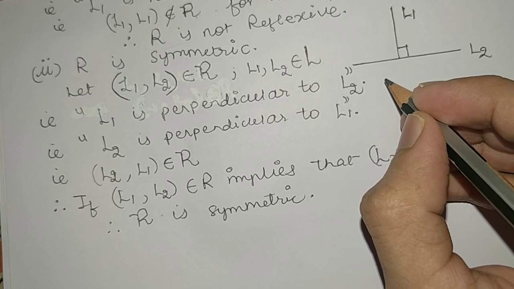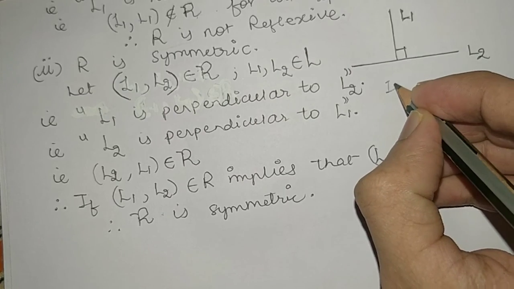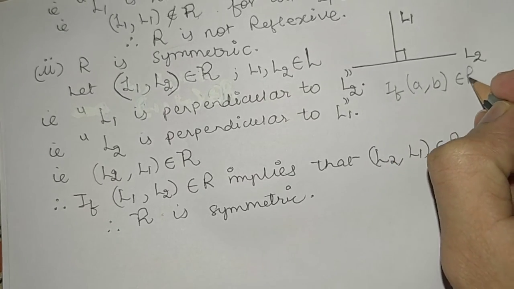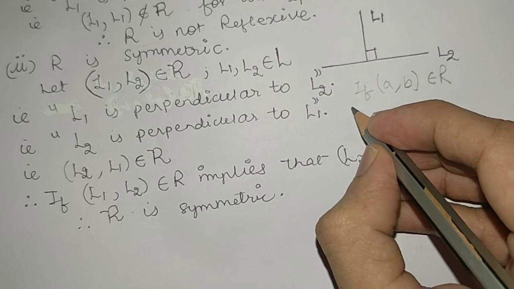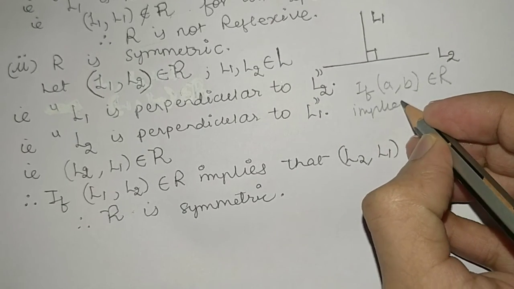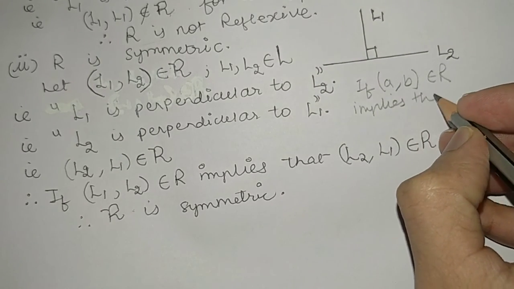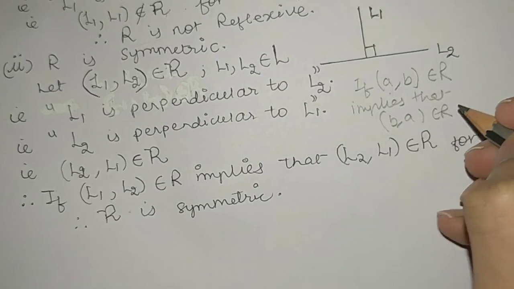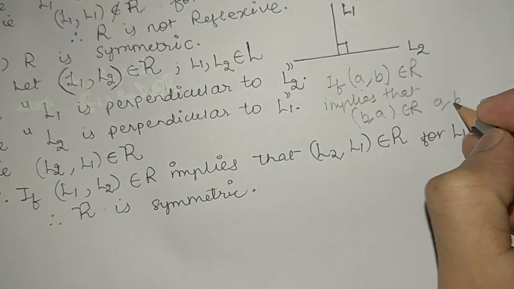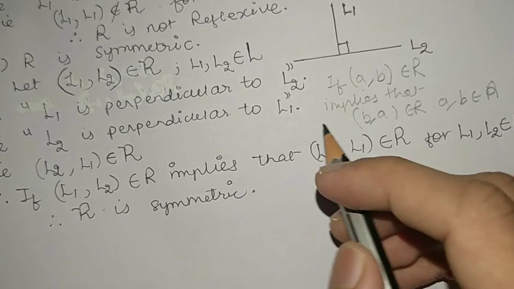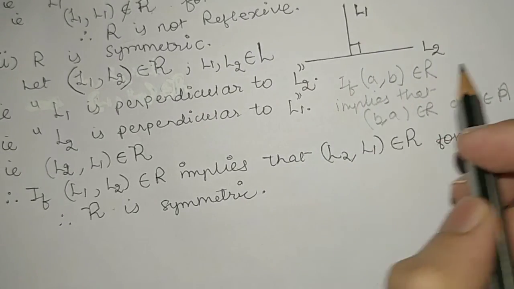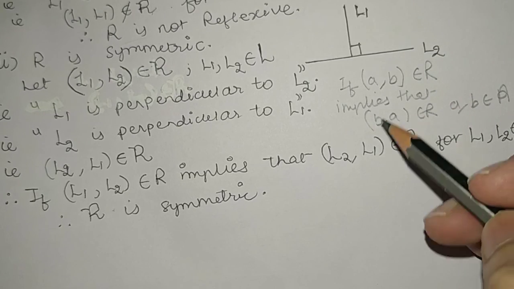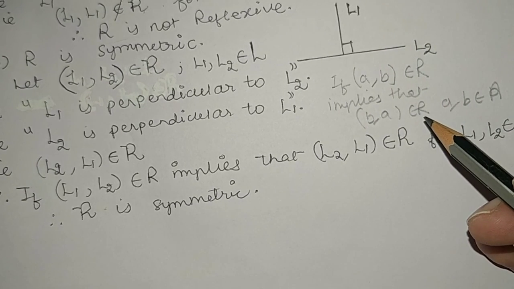By definition, if A comma B belongs to R, then this implies that B comma A belongs to R, for all A comma B belonging to the set A. This is the definition of symmetric relation.